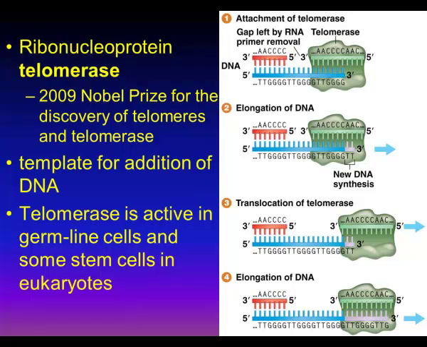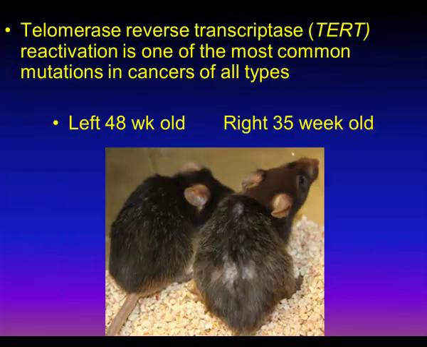So telomerase is active in germline cells, so it's typically active in cells that give rise to gametes, and also in some stem cells in eukaryotes. But when it becomes active in cells where it shouldn't be, it can cause a lot of problems for the organism. For example, one of the most common mutations in cancers of all types occurs in a gene for an enzyme called TERT, or telomerase reverse transcriptase.